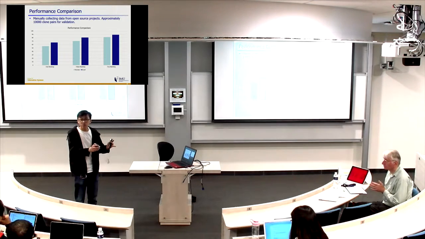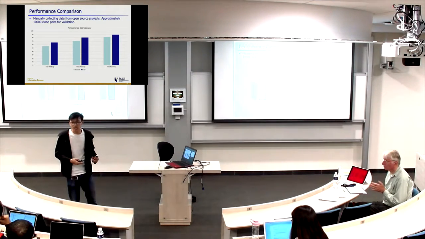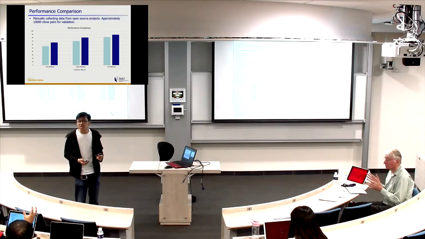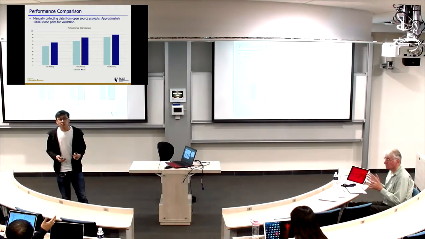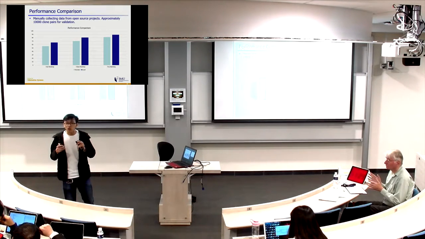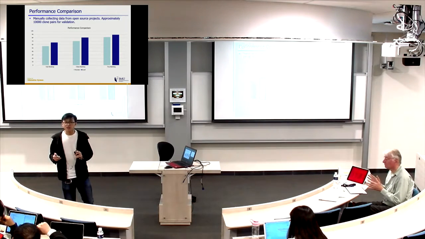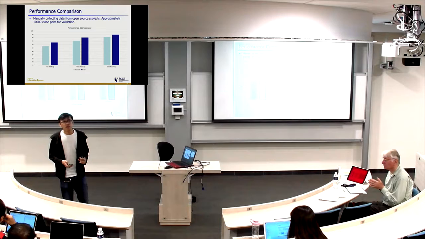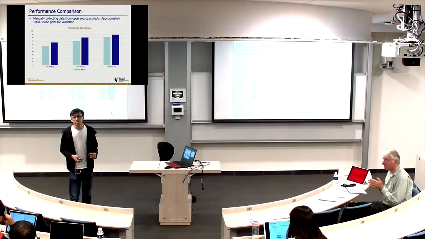Although the first analysis of the system takes a long time, you need to do it only one time. But if I have a different project and want to detect clones, you have to do it again. Yes, but normally a developer works on only one project. You never work on more than two projects at the same time, right? Do you think it is practically applicable? Yeah, it's applicable.